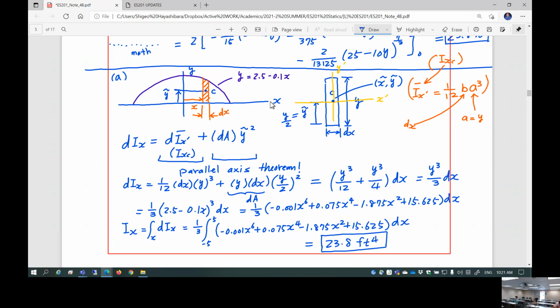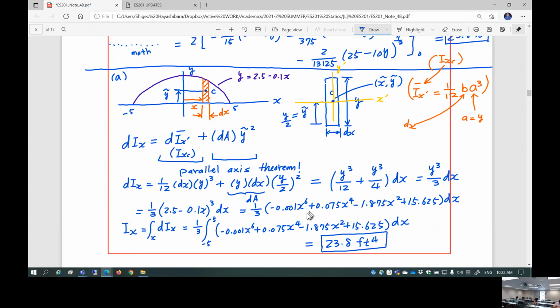Go ahead. Is that y equals 2.5 minus 0.1x? Because this is minus 5 and this is 5, so you are integrating from here to here. Is that to the second power on the x? Second power.